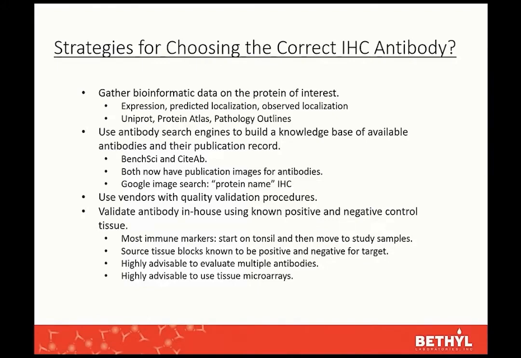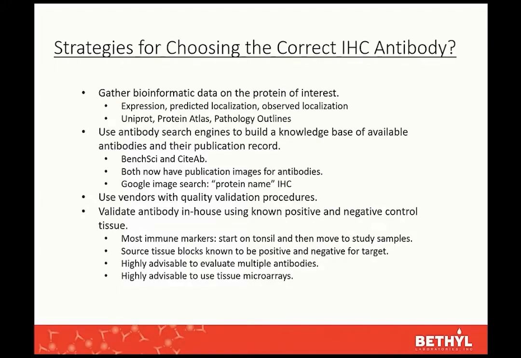Because often the observed localization is not its complete localization, and what's published in the literature is not the complete story. We use sites such as UniProt, Protein Atlas, and Pathology Outlines. And Pathology Outlines is a great place to get advice about clinical antibodies.